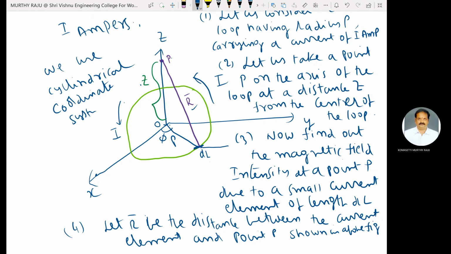Here a phi, a z, and a rho are the unit vectors.